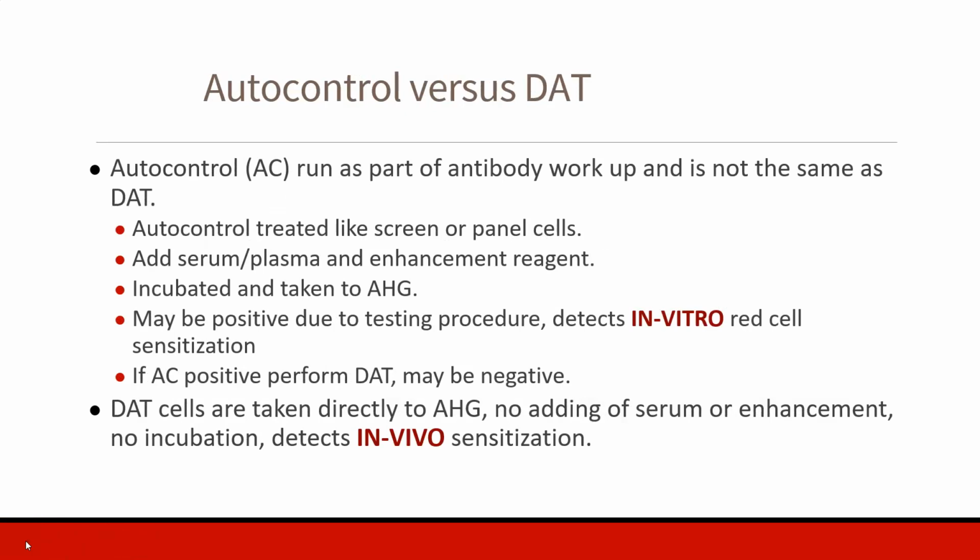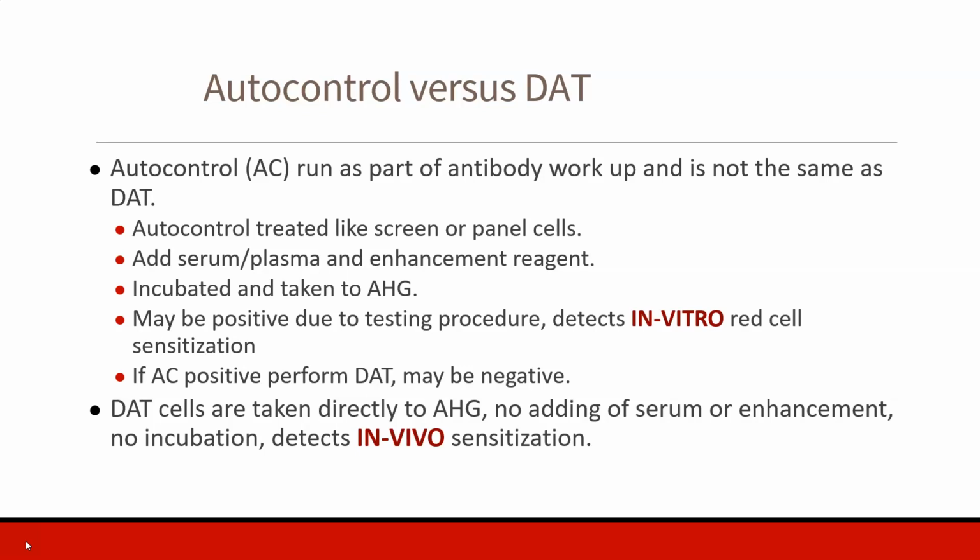Autoantibodies or alloantibodies. Many students get really confused about the difference between an autocontrol versus a DAT. An autocontrol is run as part of an antibody workup and is not the same as a DAT. So let's talk about the procedure. The autocontrol is treated like screen or panel cells. So you add serum or plasma and an enhancement reagent.